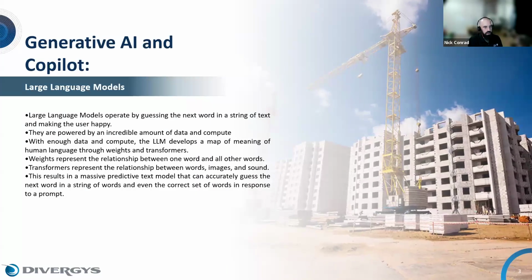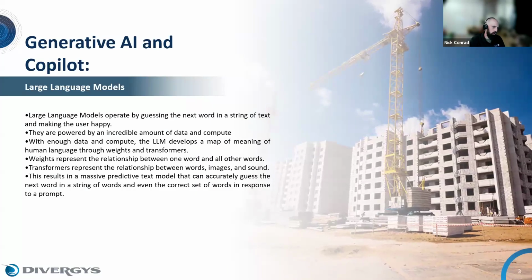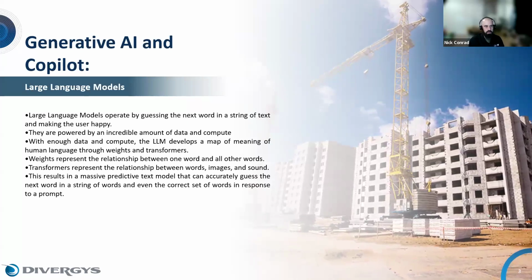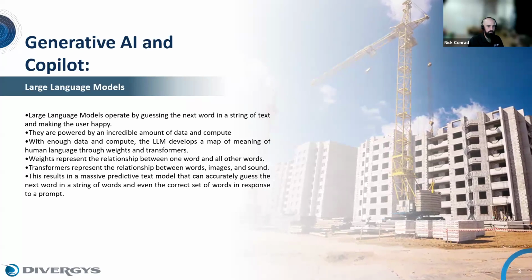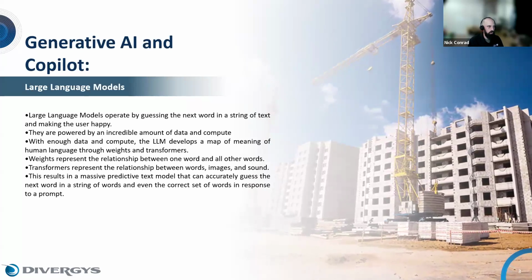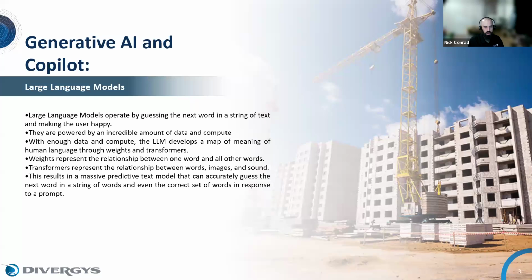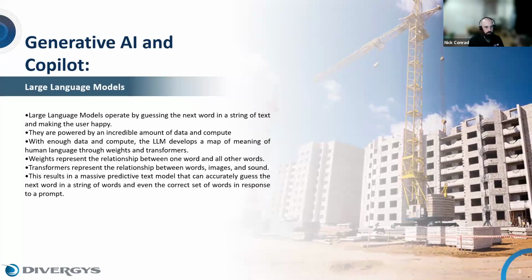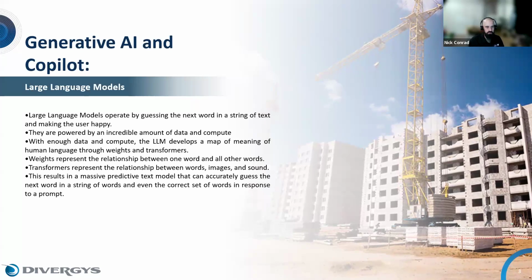So, generative AI and Copilot: these are all large language models, and large language models work by predicting the next string of words and text, and their overall goal is really to make the user happy. They're powered by an incredible amount of data and compute power, which allows them to develop and map and work within the meaning of our human language, and they do this with different weights and transformers.